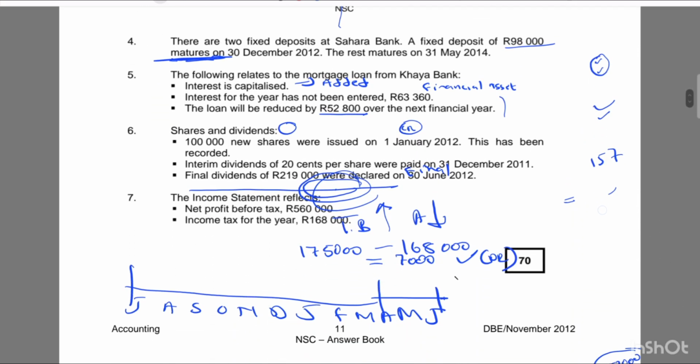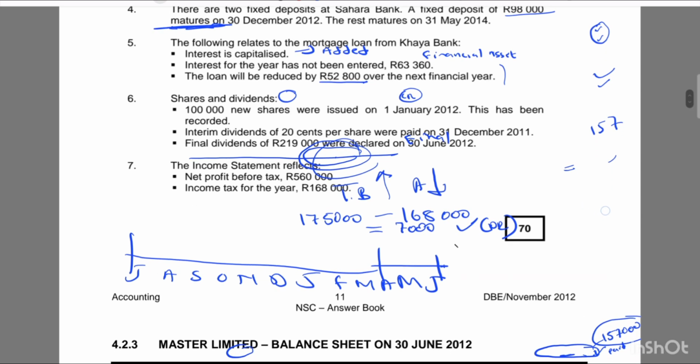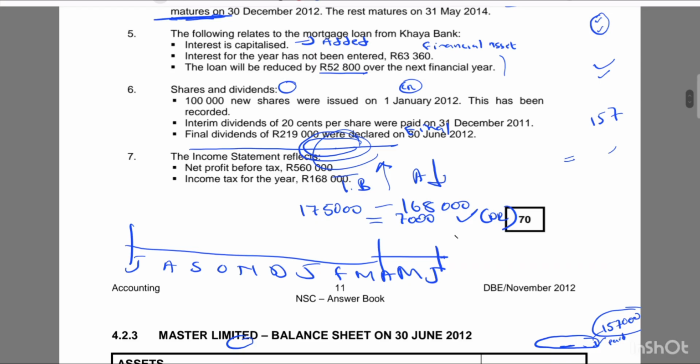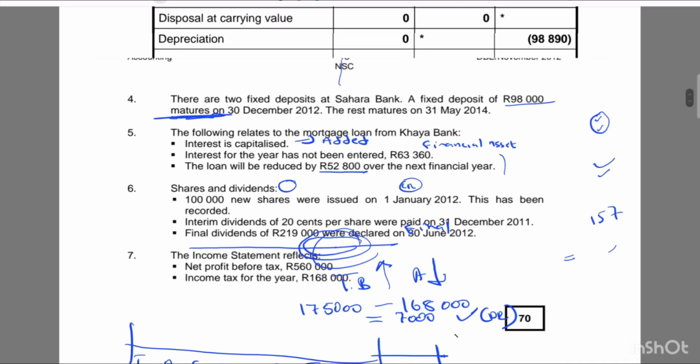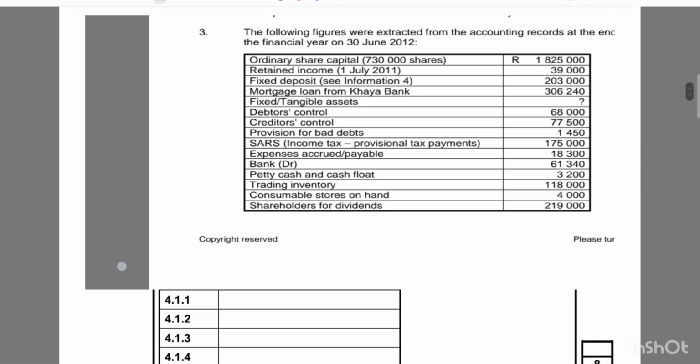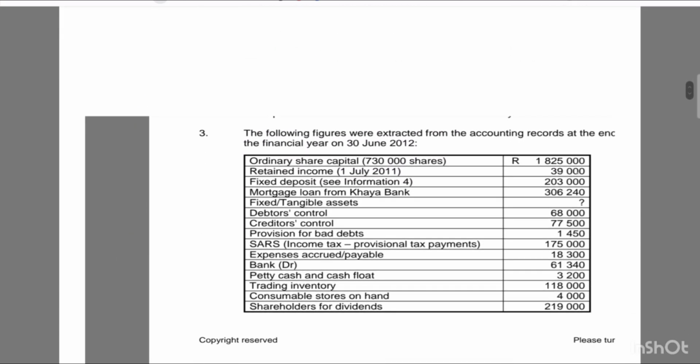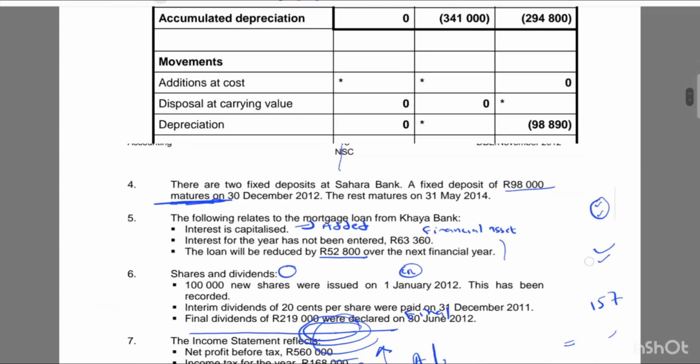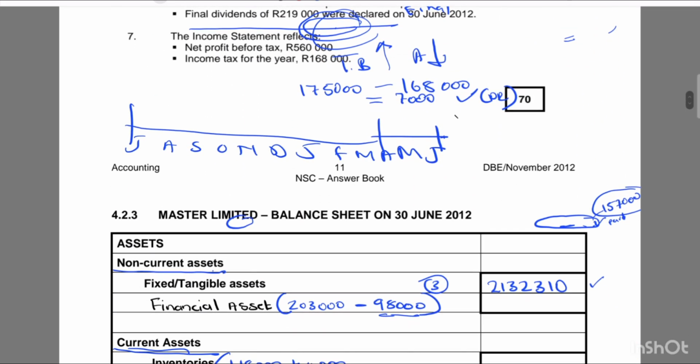Information number 6. Now, shares and dividends. 100,000 new shares were issued on 1 January 2012. This has been recorded. It means that the amount which we were given on the trial balance, which is 1,825,000, includes the shares which were issued during the year.